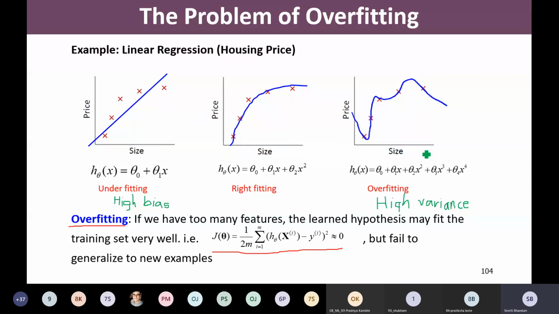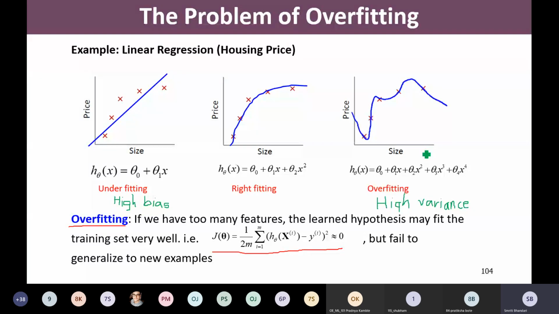Okay, so if our model is underfitting the data, then it is having high bias, whereas if our model is overfitting, it has high variance. Please remember these terminologies because they are very important.